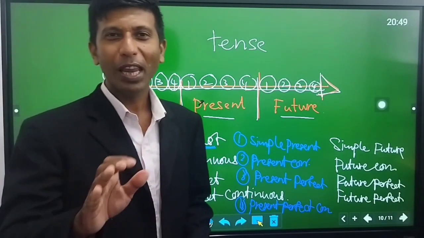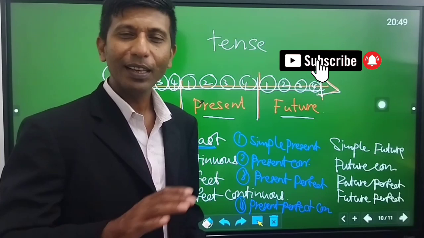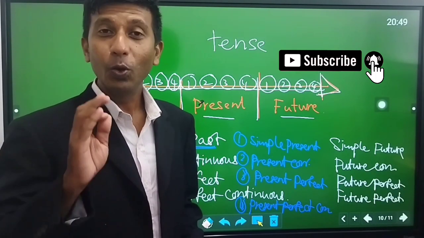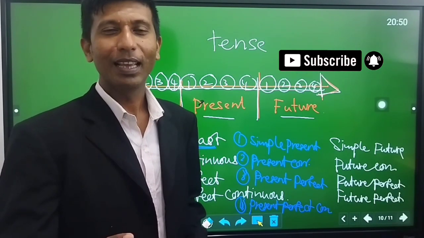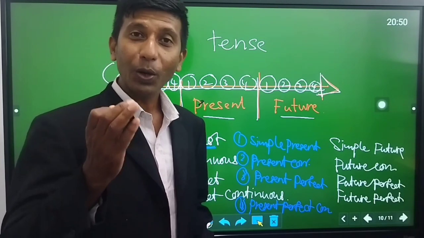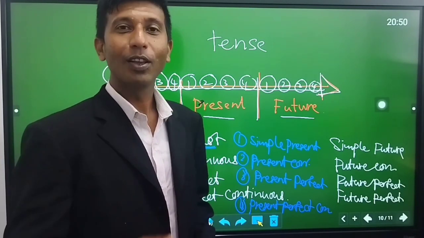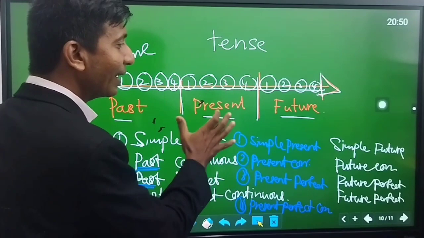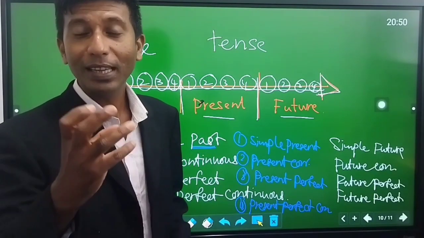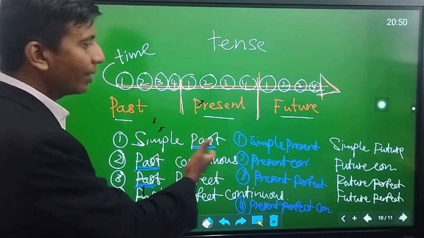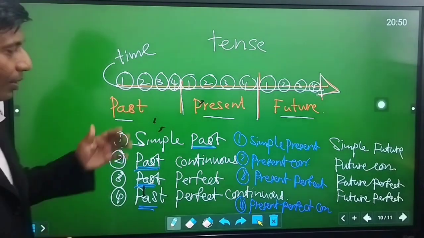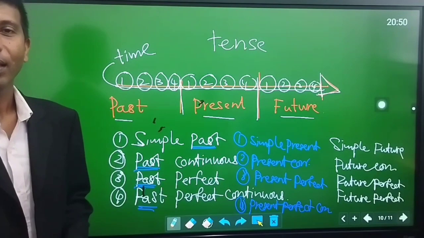If you do not know anything about English, you must learn grammar. In grammar, what you have to learn is tenses. How many tenses are there? There are 12 tenses. Now I have written all the names of the tenses.